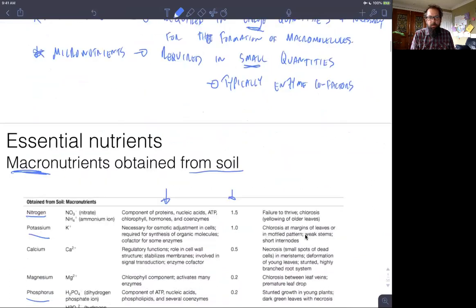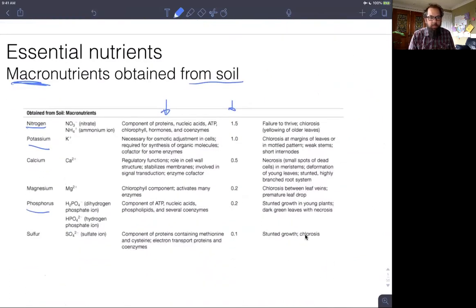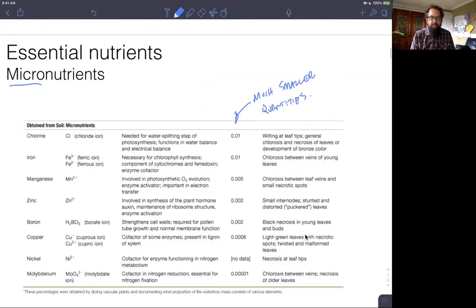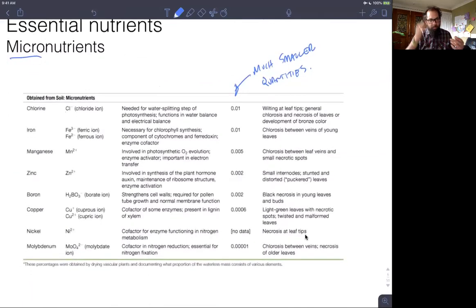I would like you to know which are macronutrients and those that are required in large quantities, and recognize there's a difference between macronutrients and micronutrients, and the main functions, macronutrients being in macromolecules, and micronutrients mostly being involved in enzymatic reactions. But I don't need you to memorize all of these.